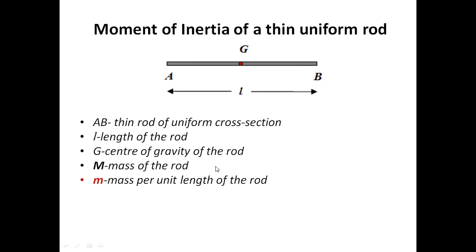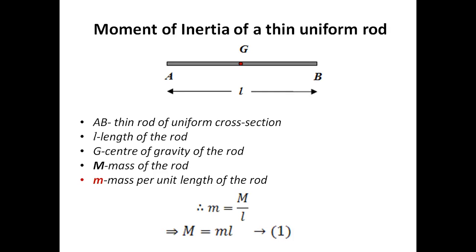Let small m represent the mass per unit length of the rod, that is, small m equals capital M by L. Hence capital M equals small m into L. This is equation number 1.